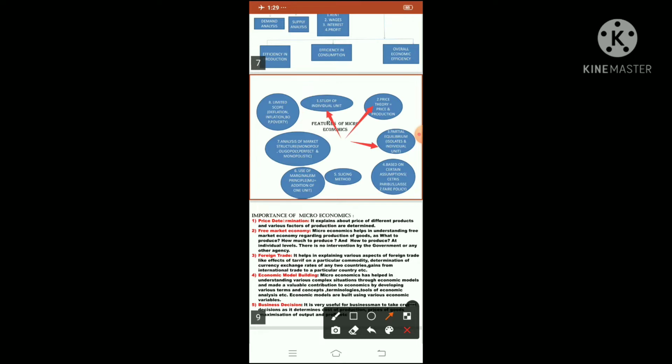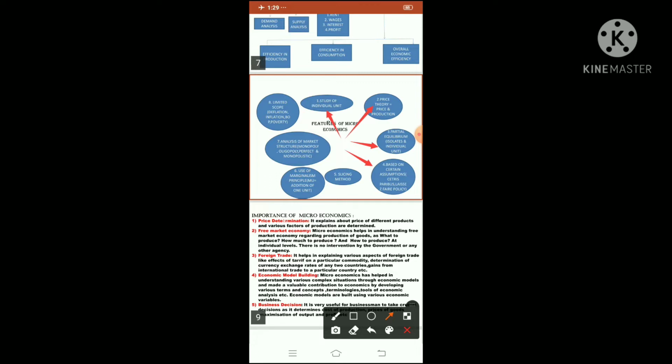Then the fourth feature of microeconomics is that it is based on certain assumptions. What does based on certain assumptions mean? Over here the ceteris paribus method and laissez-faire policy are used. See what I am telling: the ceteris paribus method and laissez-faire policy have been used over here. Whatever they study will be related to small things, individual things.